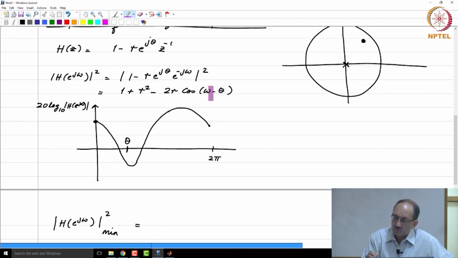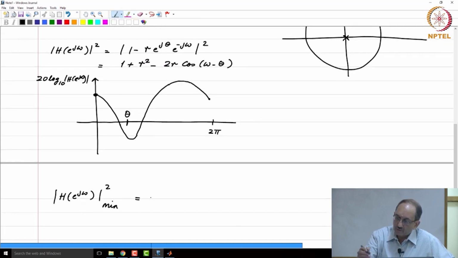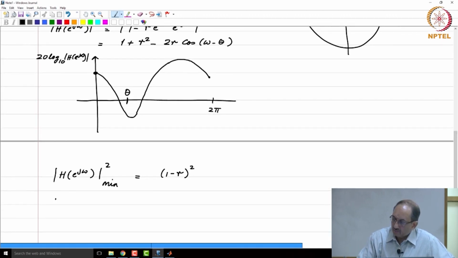Therefore, when omega equals theta, this becomes 1 plus r squared minus 2r, and hence the minimum value of the magnitude squared is 1 minus r whole squared. And the magnitude squared has a maximum when omega equals theta plus pi, or when omega minus theta equals pi. When omega minus theta equals pi, this becomes 1 plus r squared plus 2r. Therefore, this becomes 1 plus r whole squared.